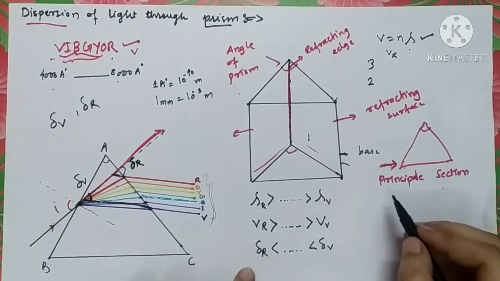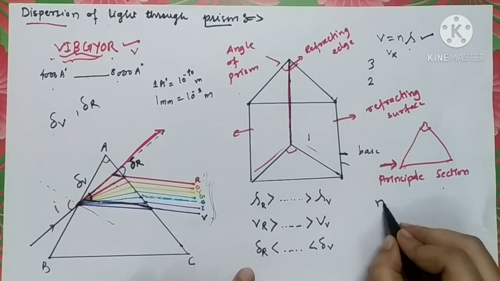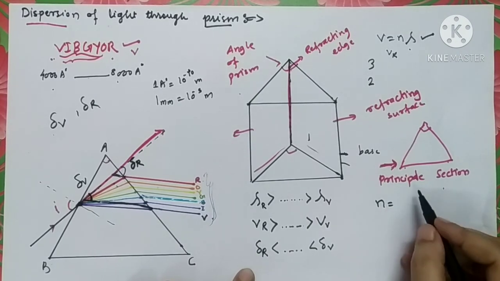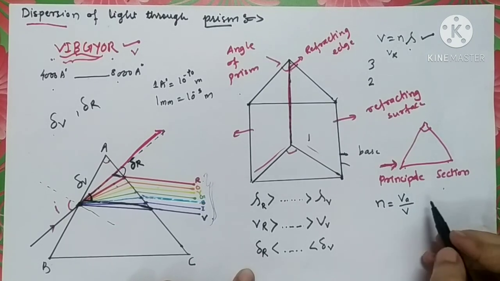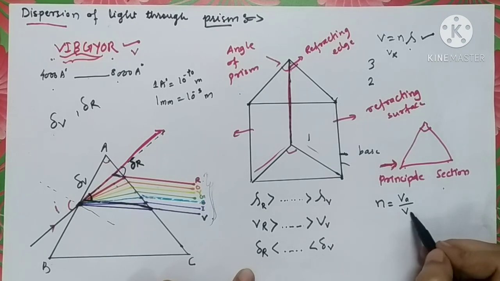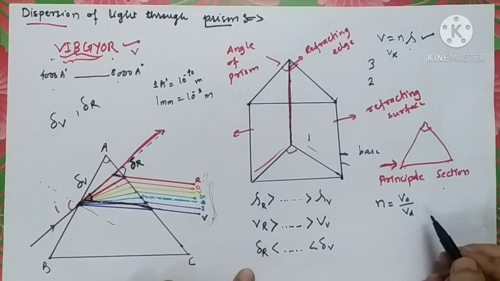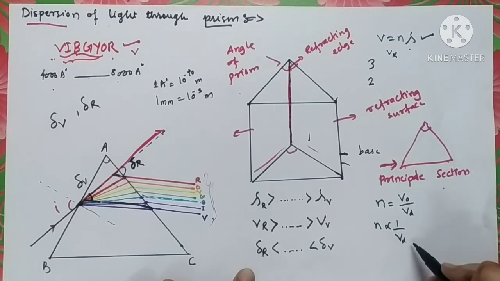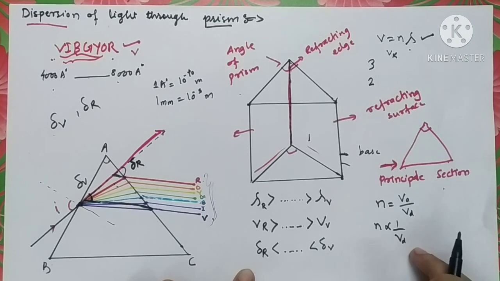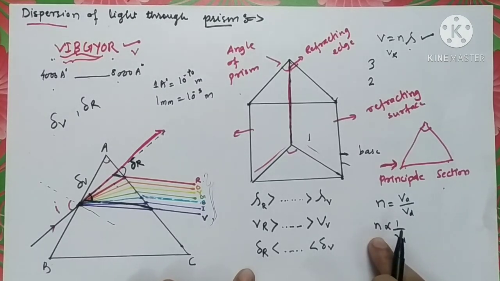Similarly, as we have studied, the formula of refractive index is written as the ratio of the velocity of light in air to the velocity of light in a denser medium. So refractive index is inversely proportional to the velocity in a denser medium. So the color which has the highest velocity in the denser medium will have a smaller value of refractive index.